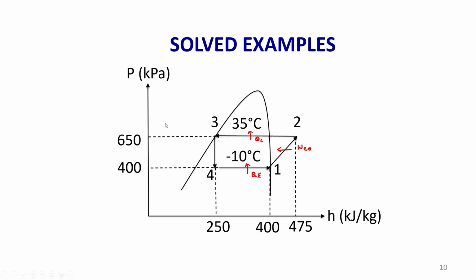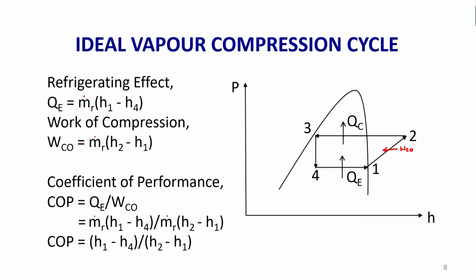So, these are all the values. The enthalpy at 1 is given, this is state point 1, 400, enthalpy at 2 is given, enthalpy at 3 and enthalpy at 4. If you look at the COP formula, there are enthalpies H1, H2, and of course H4. H4 we can find only if we know H3, since H3 is equal to H4.